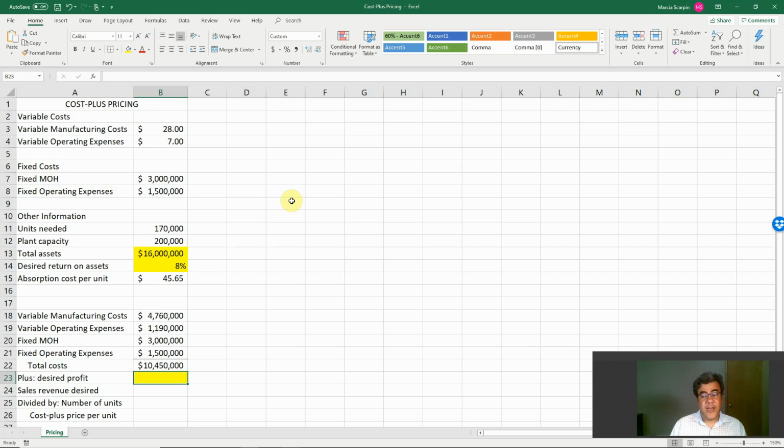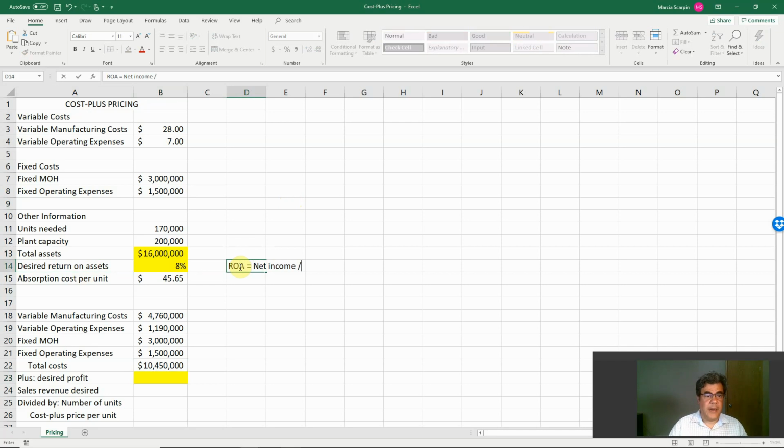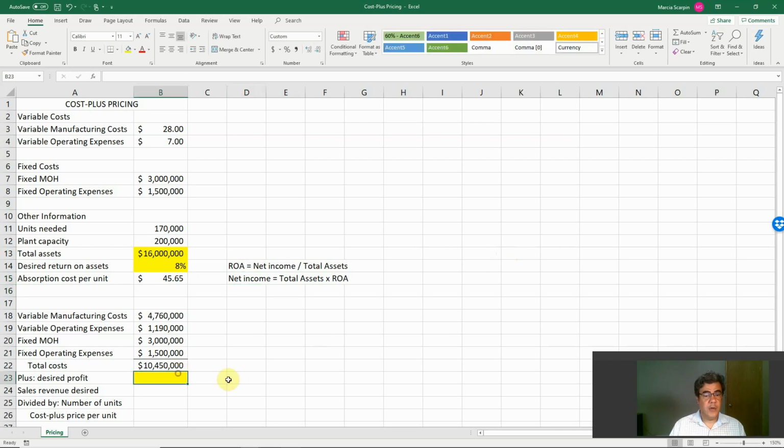$10,450,000. Now, desired profit. If we find our return on asset, or ROA, it's equal to net income divided by total assets. So if we want to know our net income, it's total assets times return on assets.